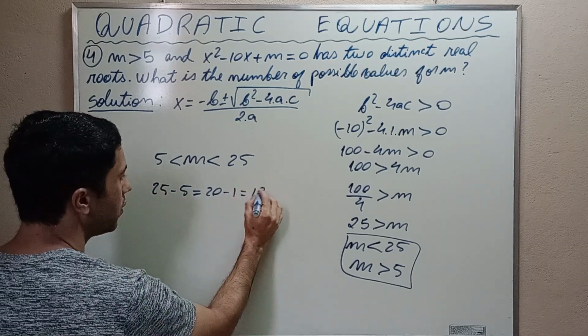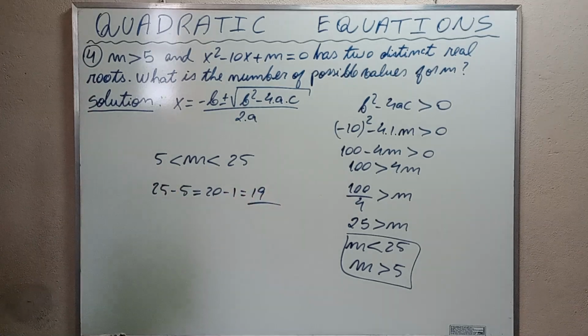Minus 1, it is 19, okay? It is 19. Consequently, the number of possible values for m is 19. Alright, my friends? This is all for exercise number 4. Let's go to the next.